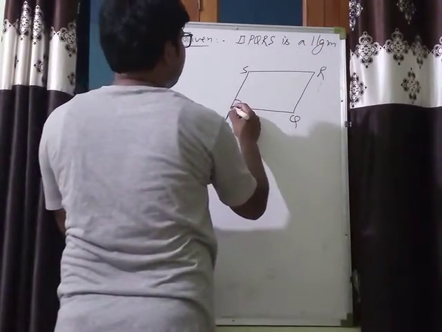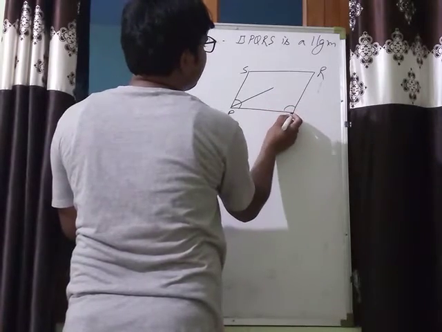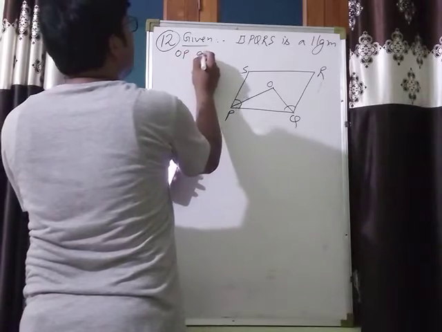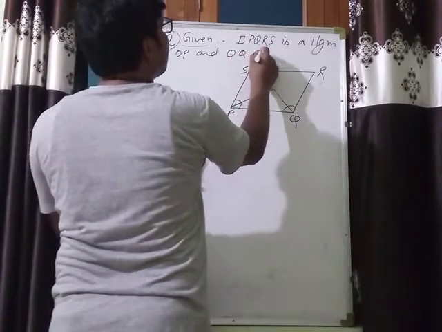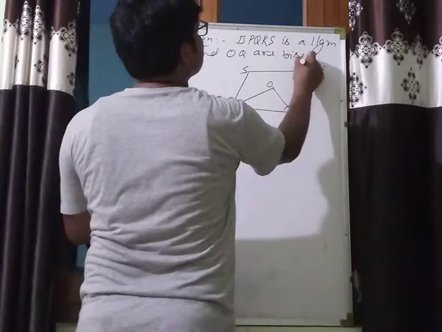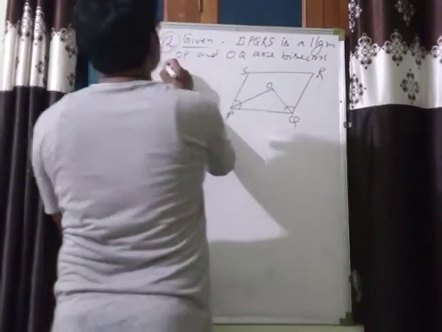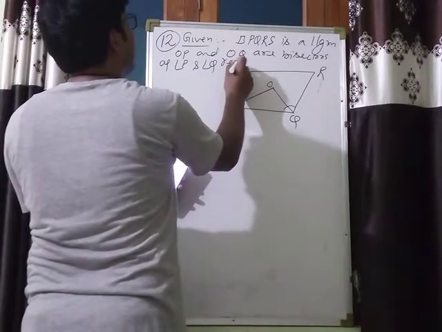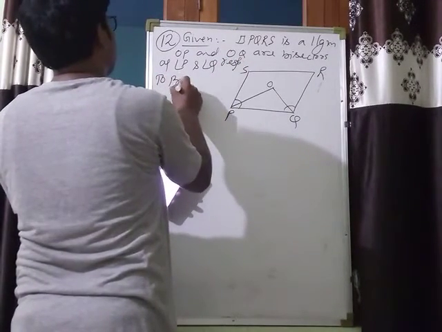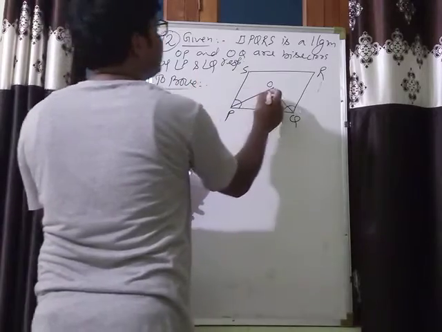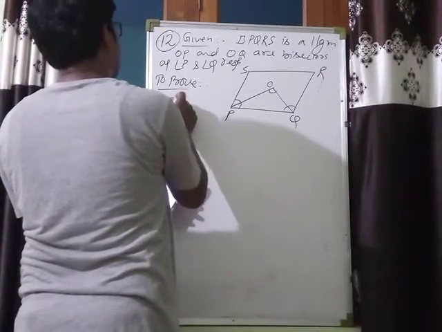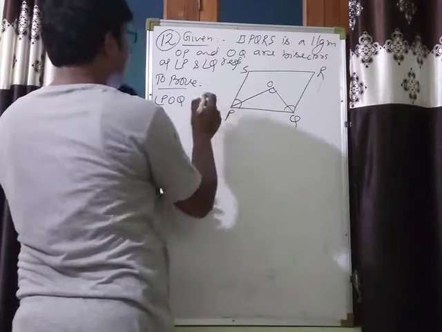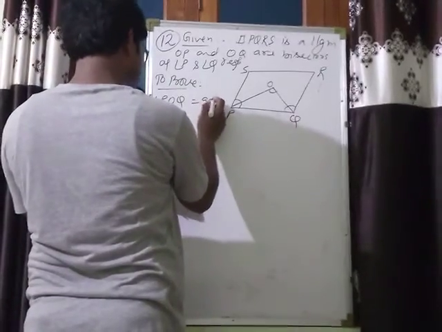Bisector of angle P and bisector of angle Q meet at O. That is OP and OQ are bisectors of angle P and angle Q respectively. We have to prove this angle POQ equal to 90 degree. That is very easy question.